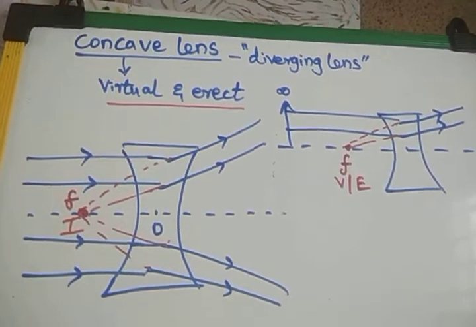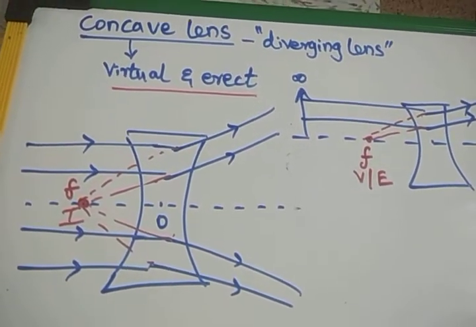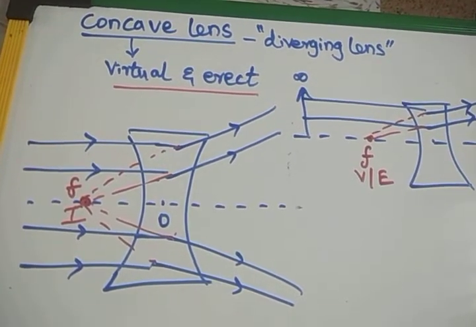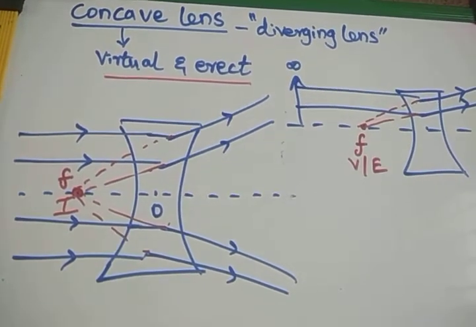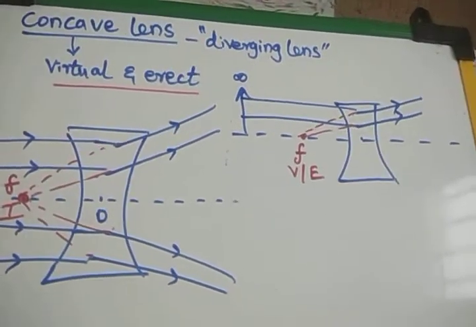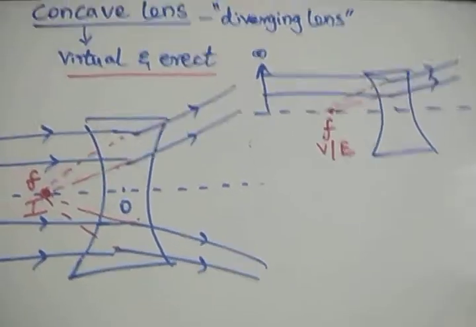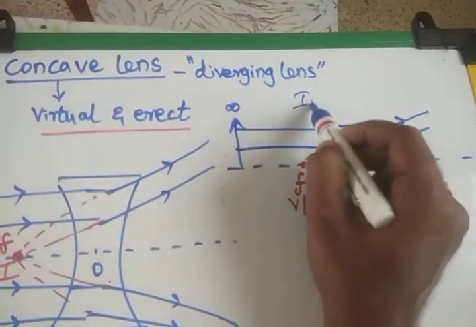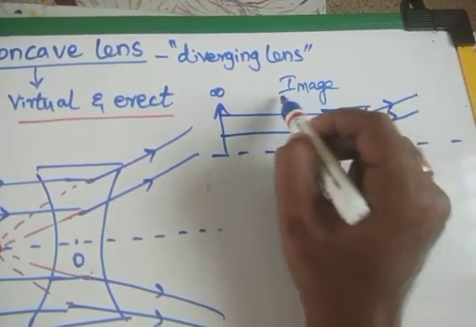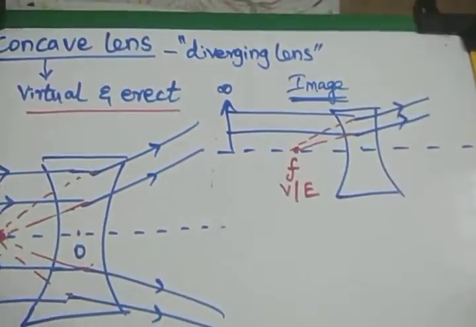So the concave lens is a diverging lens, it produces a virtual and erect image, and it diverges the refracted rays. We have seen the ray diagram and how the image is formed by the concave lens.